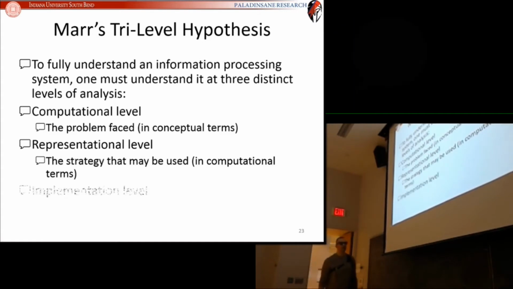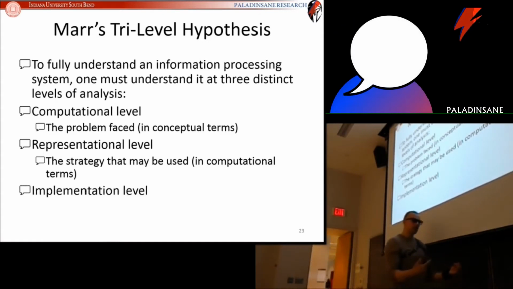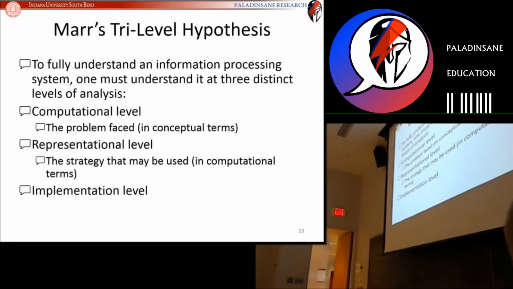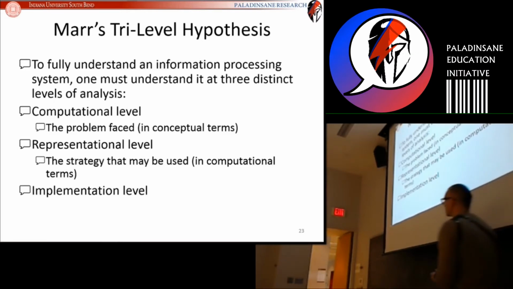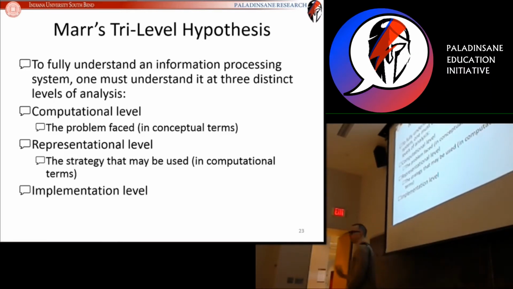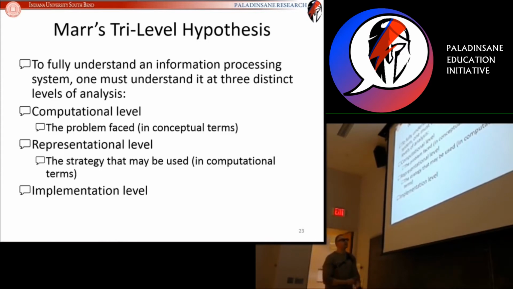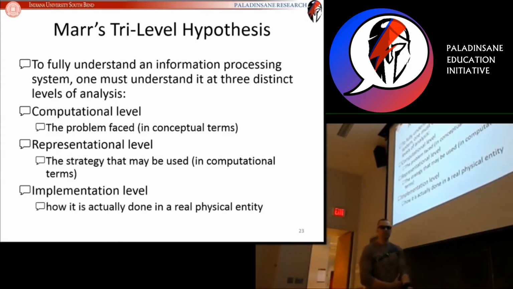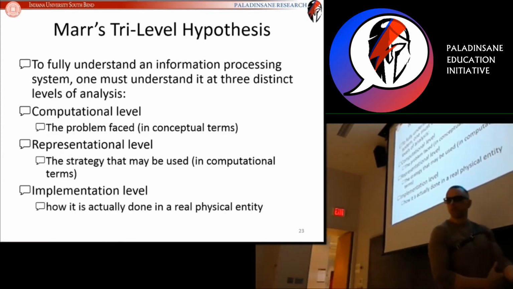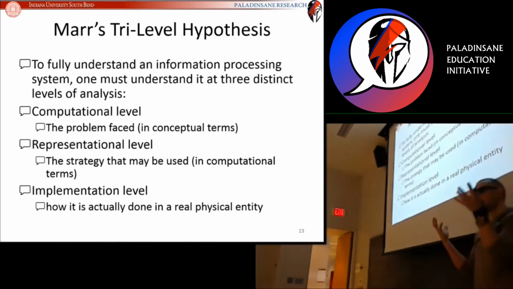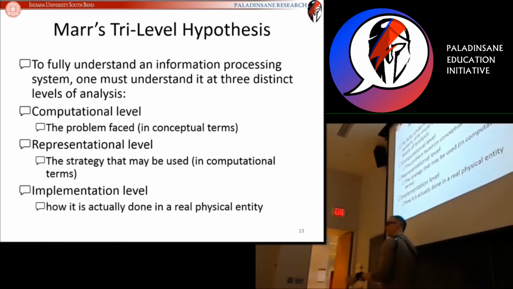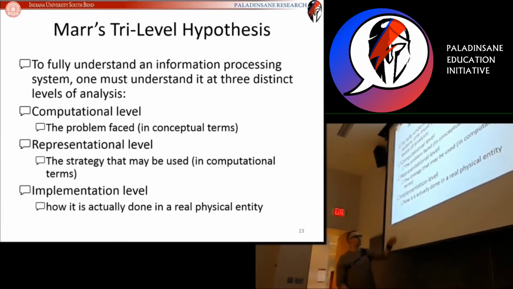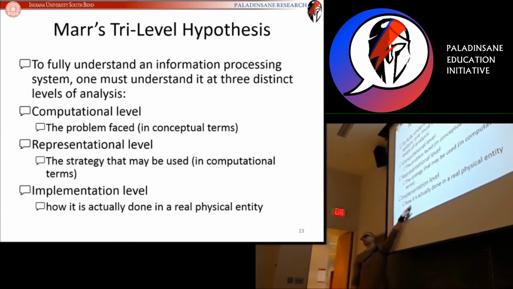And then the final level of explanation that we need to say that we completely understand an information processing system is the implementation level. And that is, how do you actually physically do this in a real entity, in a real physical thing? How do you do this? And this is basically neuropsychology.